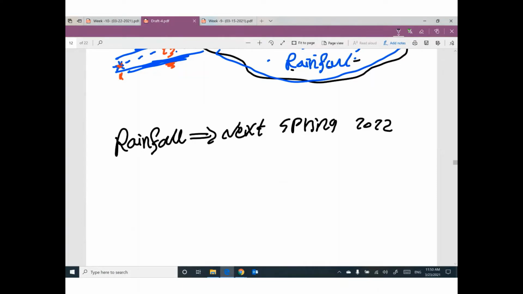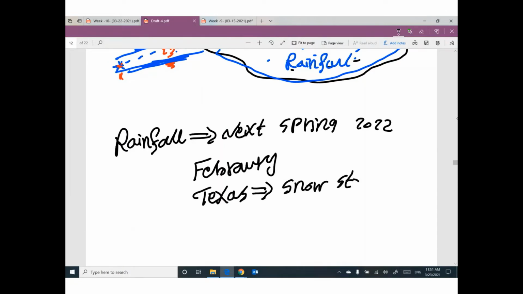Actually, in this winter, during February, Texas suffered from a snow storm. Do you remember that week? Nobody expected this bad weather in this year. So we don't know.